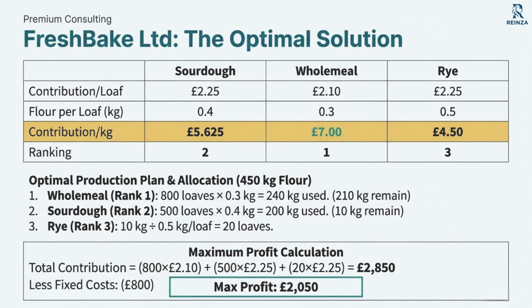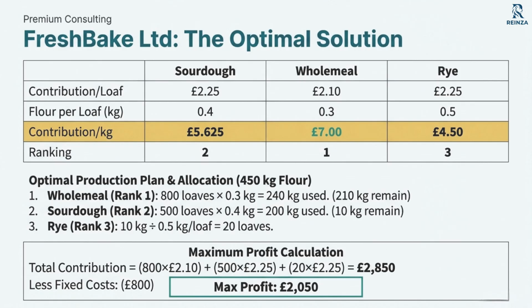Step 3. Contribution per kilogram of flour. Sourdough, £2.25 divided by 0.4 equals £5.625 per kilogram. Wholemeal, £2.10 divided by 0.3 equals £7 per kilogram. Rye, £2.25 divided by 0.5 equals £4.50 per kilogram. Step 4.